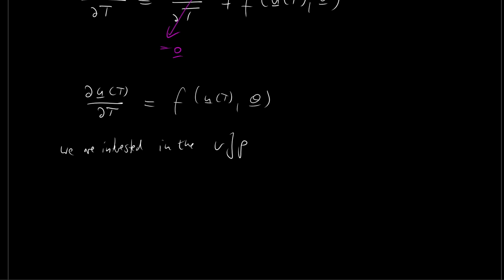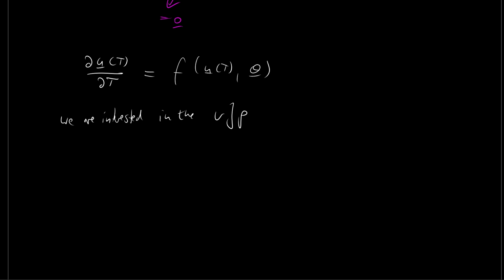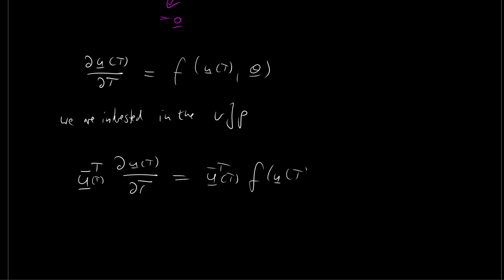So what we will do is that we will left multiply the Jacobian with the cotangent information. So u bar transpose, so u bar at capital T transpose, and again be careful, we're using the T twice, with the Jacobian of u at capital T with respect to capital T is, well, u bar transpose at capital T multiplied with the right-hand side function evaluated at the primal output and the parameter vector theta.